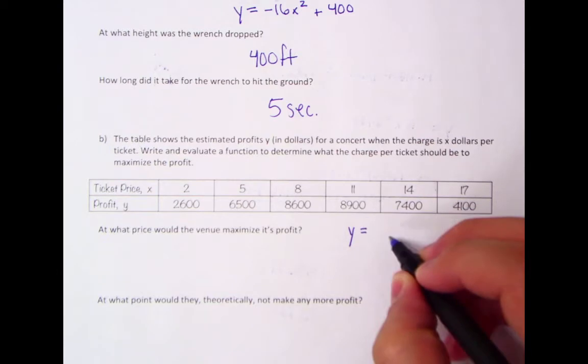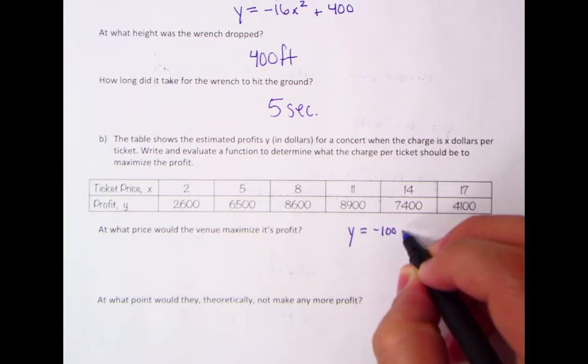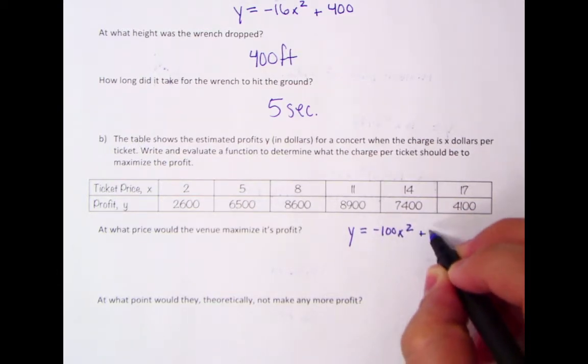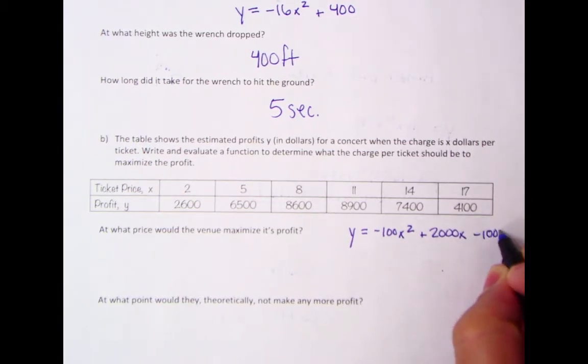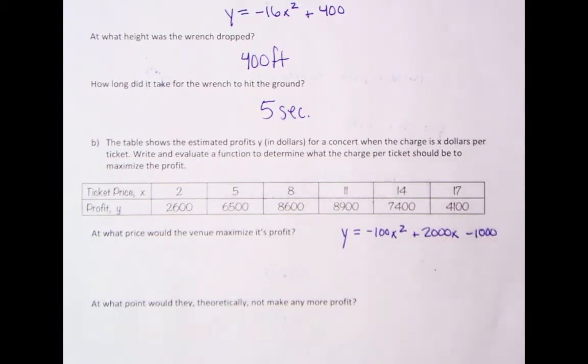So y equals negative 100x squared plus 2000x minus 1000. And then that ends up going into Desmos. y equals negative 100x squared plus 2000x minus 1000.